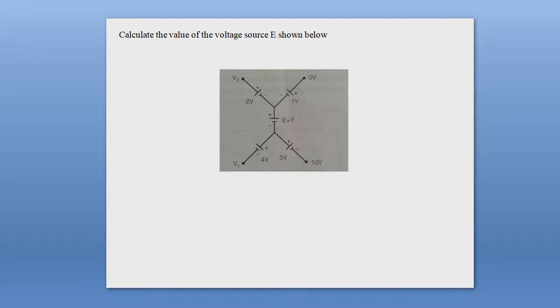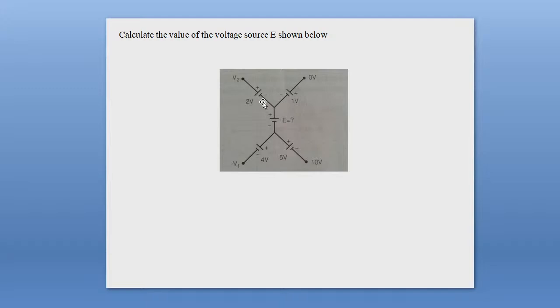The circuit consists of several voltage sources, and you see there are two arms. If you consider two paths, you can consider one path like this: 0 volt, 1 volt, E, 5 volt, 10 volt, and another path: V2, 2 volt, E, 4 volt, V1.